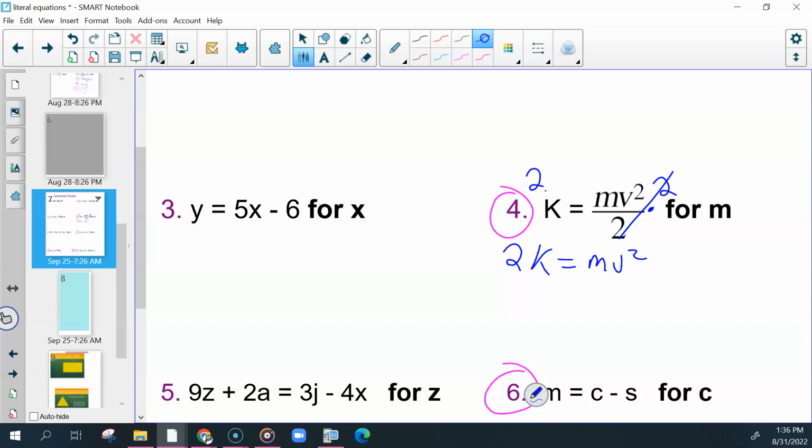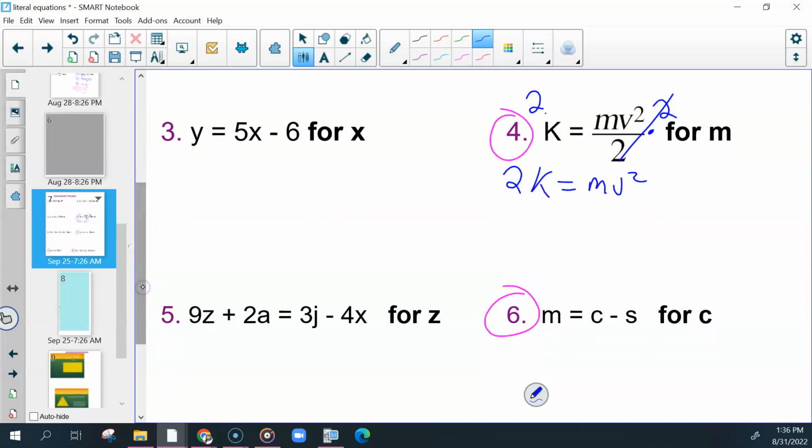And then we got to get rid of v squared. How would we do that? Divide. In this case, because we're not trying to get v by itself, it being squared doesn't matter. So 2k over v squared equals m.